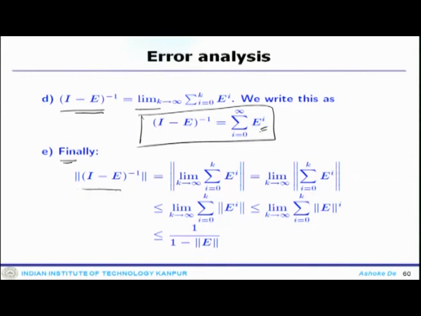the magnitude of that equals the limit as k tends to infinity of the sum from i equals 0 to k of E to the power i, and in the limiting sense of k tends to infinity, which is less than or equal to the sum from i equals 0 to k of the norm of E to the power i, which is nothing but 1 by 1 minus the norm of E. So, it proved the lemma.